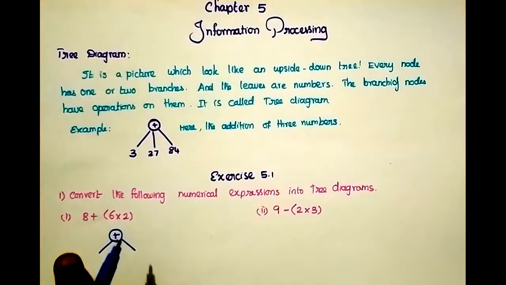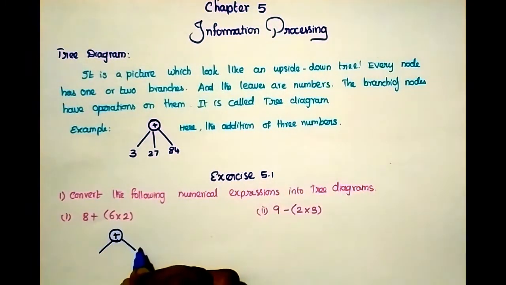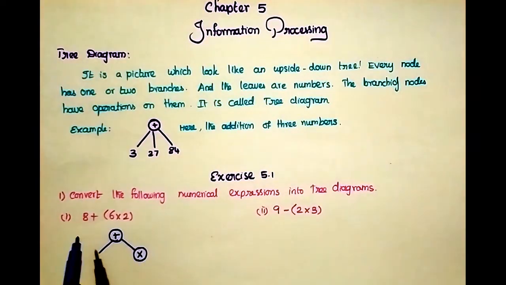Next, in the bracket one operation is there. What is that? Multiplication. Now 8 into, that multiplication, those numbers are what now? 6 and 2 here.